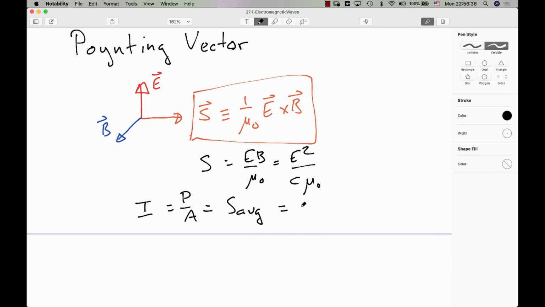So it becomes 1/2 c mu naught E naught squared, or if you prefer, c epsilon naught over 2 E naught squared. Because you're detecting the electric field, you're probably more interested in the electric permittivity than the magnetic permeability.